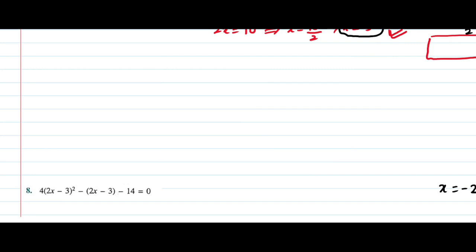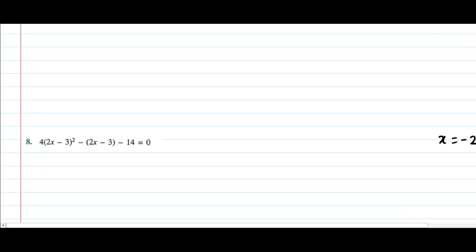Okay, so yes, I'll write this minus 2 inside the bracket only. So I'll get here as x is equals to minus 2.